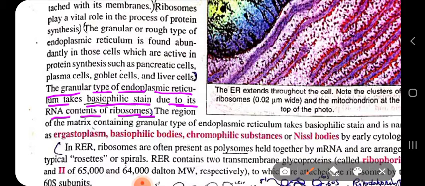Basophilic means basic in nature. Two types of stain are there: acidic stain and basic stain. Stains like acetocarmine are acidic in nature, whereas basophilic stains are basic, and these will be stained by the rough endoplasmic reticulum because they have ribosomes attached. That's why they will stain.